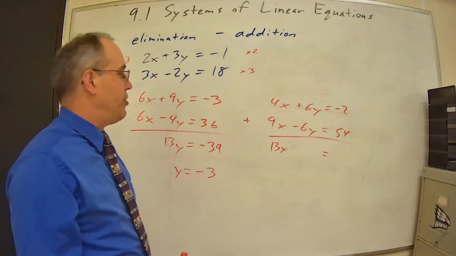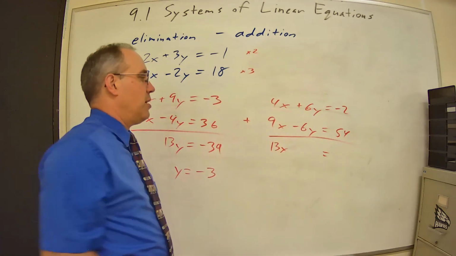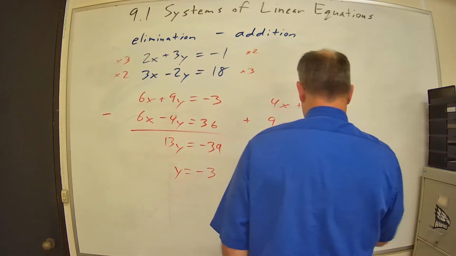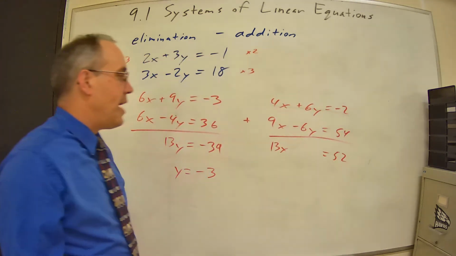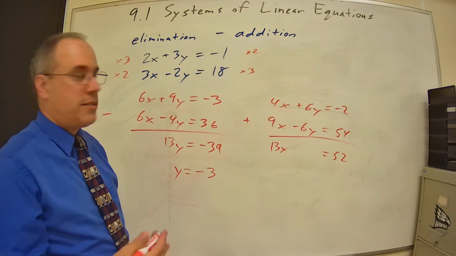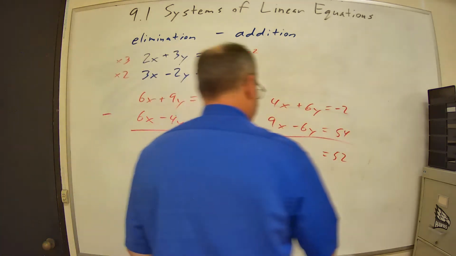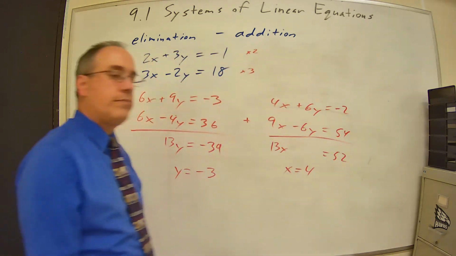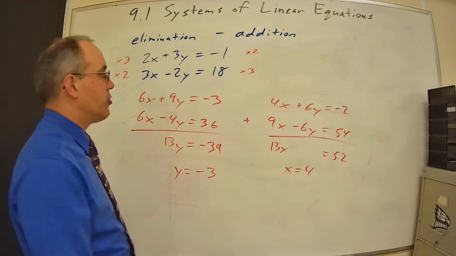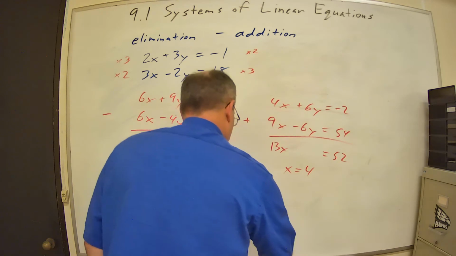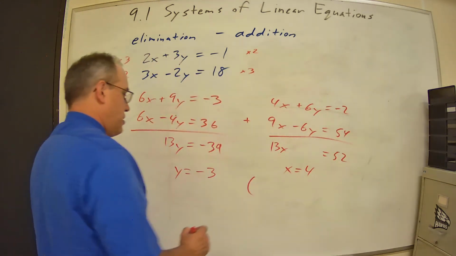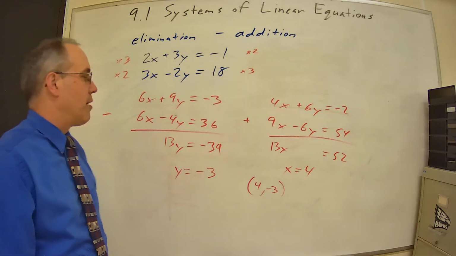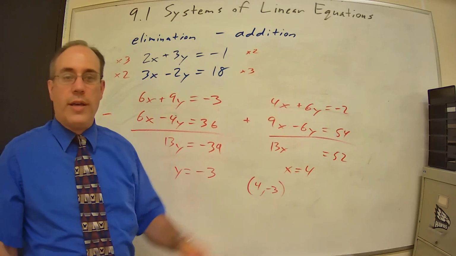And -2 plus 54 is 52. So I have 13x is equal to 52. If I divide both sides by 13, x is equal to 4. So now I have determined that the solution to the system is (4, -3) by using elimination twice.